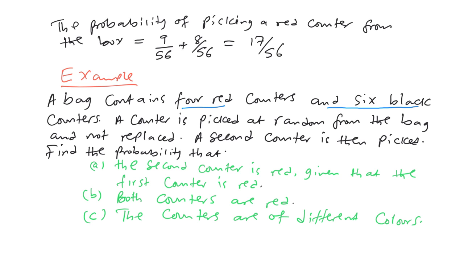So you pick the first and don't put it back. Then you pick a second from the bag. So this situation is no longer an independent situation, because the first picking affects the second picking in terms of probabilities. Let's see this on a tree diagram.